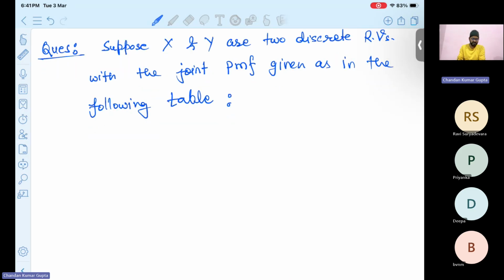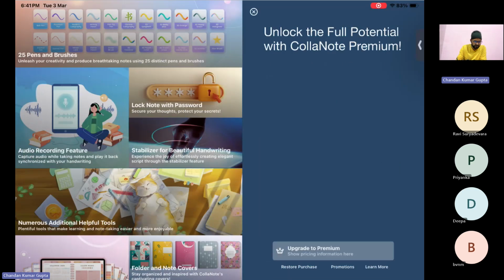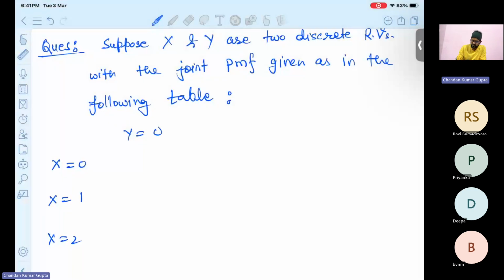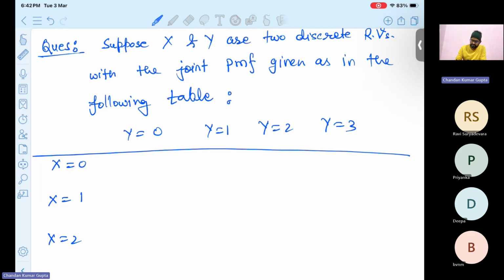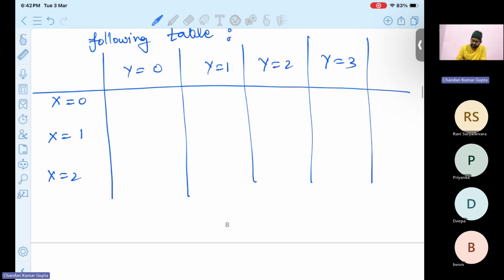So again, I need to construct a table. X equal to 0, x equal to 1, x equal to 2, y equal to 0, y equal to 1, y equal to 2, and y equal to 3. So this is the case. Okay.